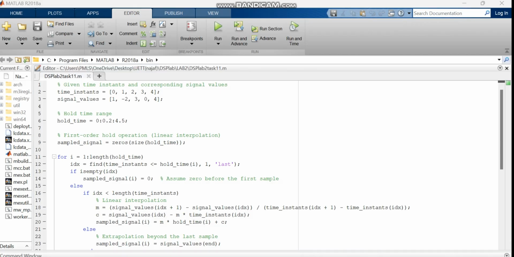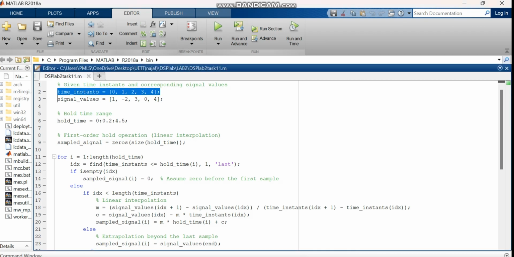In the last task, which is task number 11, we have been asked to write a program to simulate first order hold, and the hint given is y equals mx plus c, which is the equation for a line. So in this code, we have given time instants and the signal values.